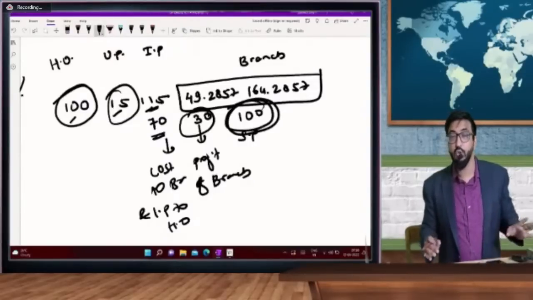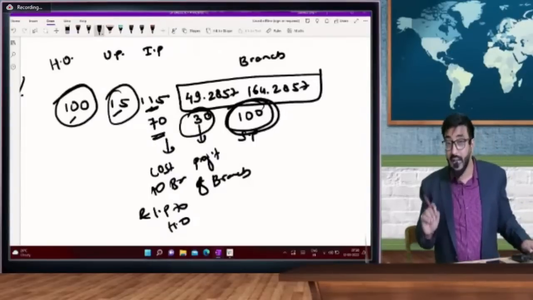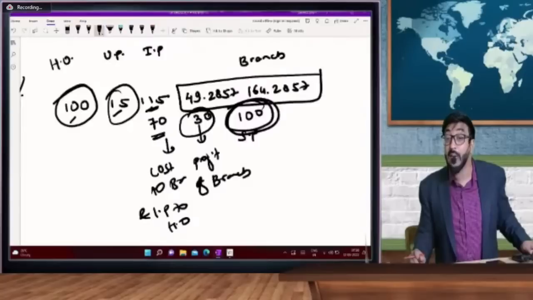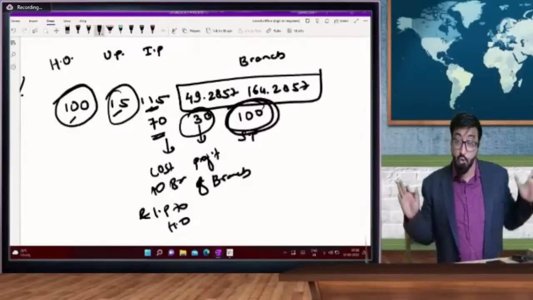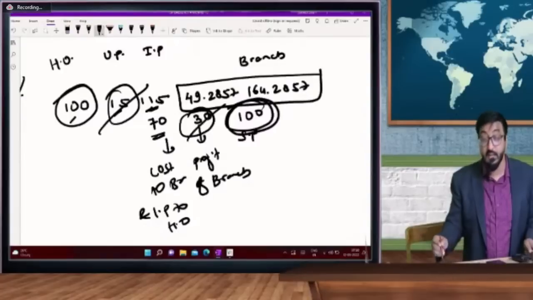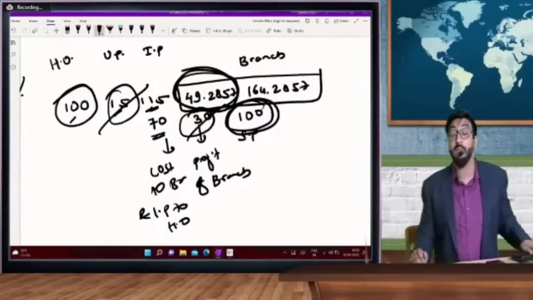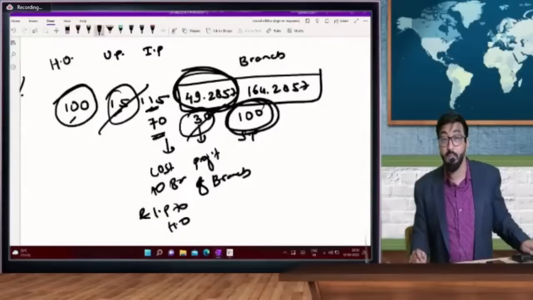Okay. So make 100% clarity of the concept that the branch is getting 30% of the profit and HO is getting 15% of cost. So two different points. Don't consider 15 plus 30, total profit is 45. Total profit is 49.2857, plus 15 rupees.